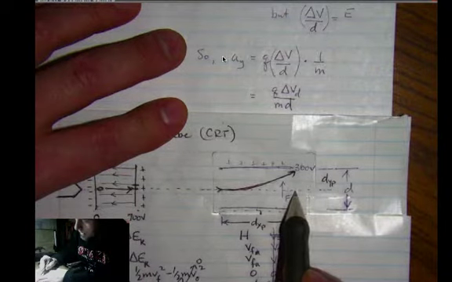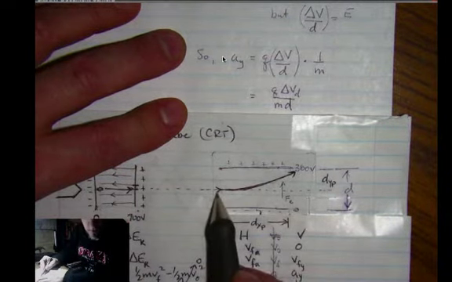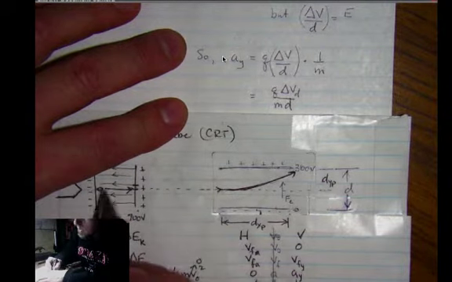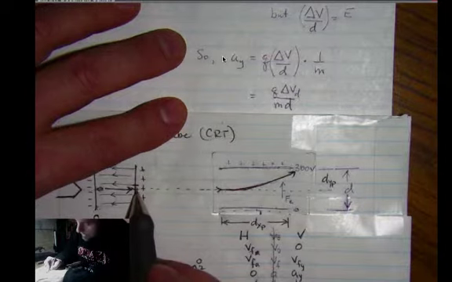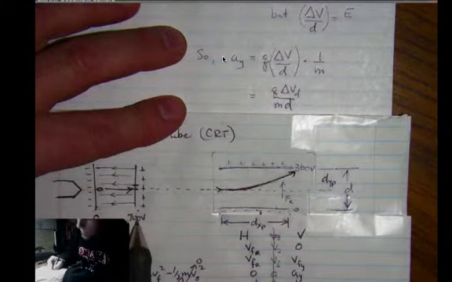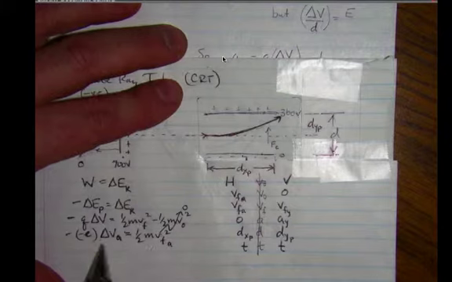Well, that time is dependent on how fast the electron is traveling. And how fast the electron is traveling is dependent on how fast it's going coming out of here. How fast it's going coming out of here is dependent on what this accelerating voltage is. The higher that voltage, the faster it will be going, and we can see that relationship right here. A direct relationship between velocity and acceleration.